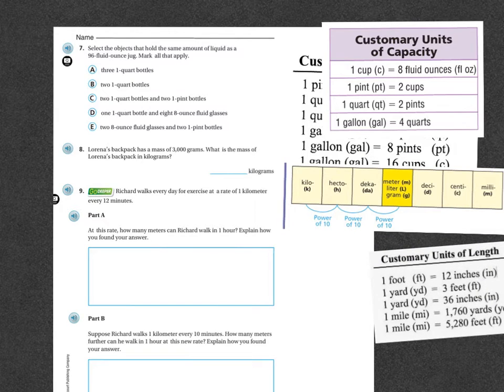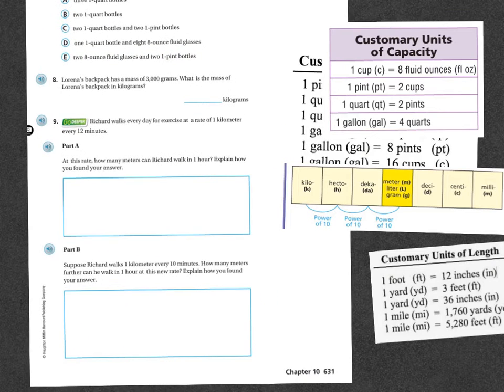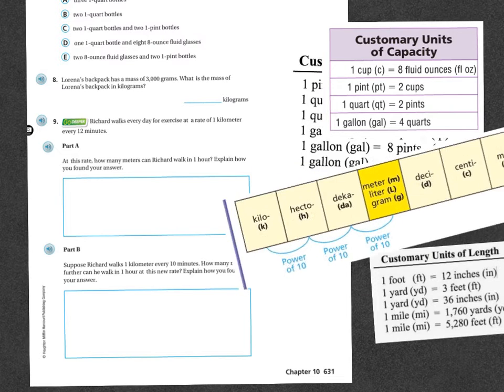Number 9, Richard walks every day for exercise at a rate of 1 kilometer every 12 minutes. They break this up into 2 different parts. At this rate, how many meters can Richard walk in 1 hour? Explain how you found your answer. So they're really talking about distance here.